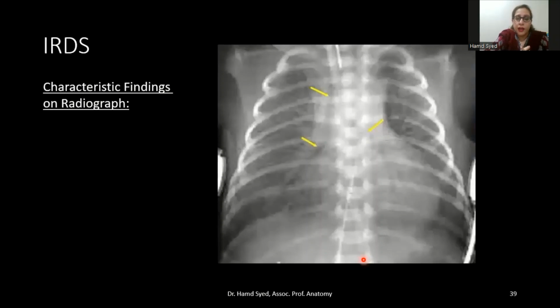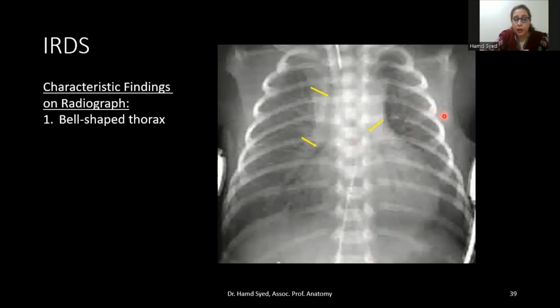What would be the characteristic findings of IRDS on the chest radiograph? Now, this is something which you have to understand and relate with the abnormal deposition of the hyaline membranes. In respiratory distress syndrome, there is going to be abnormal deposition of an infiltrate within the lungs. There's going to be hypoaeration of the lungs.